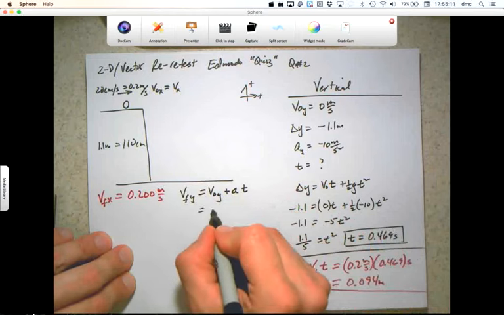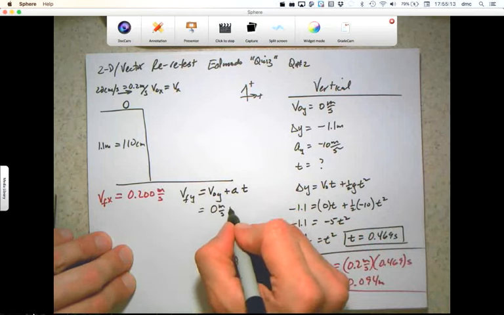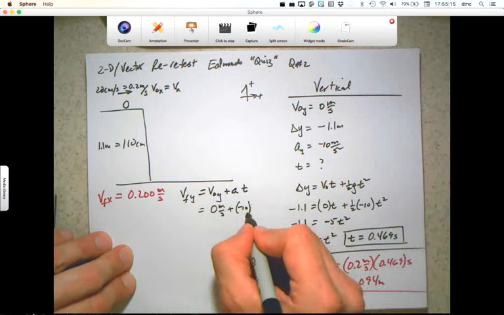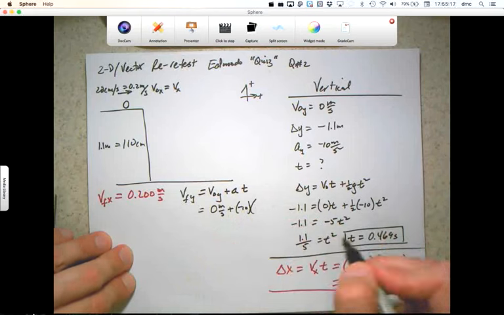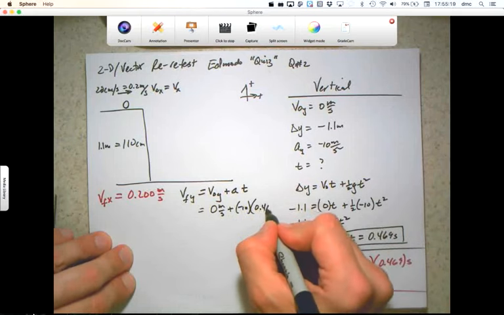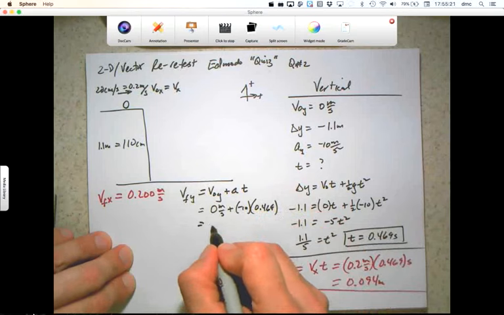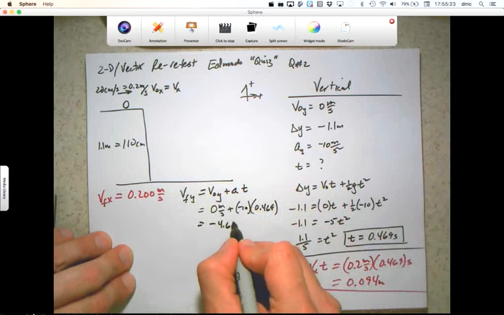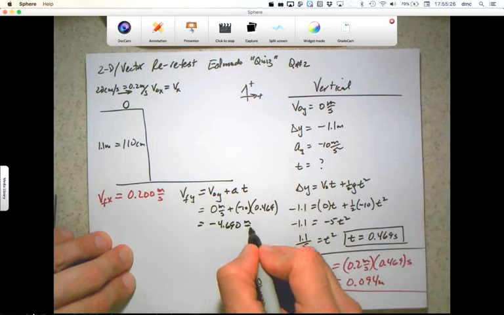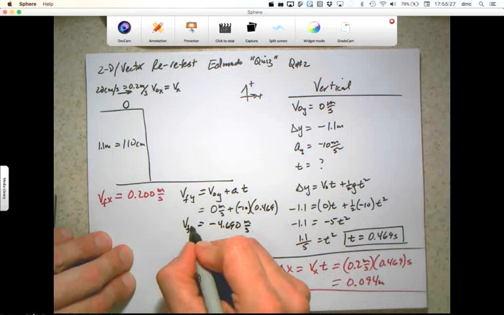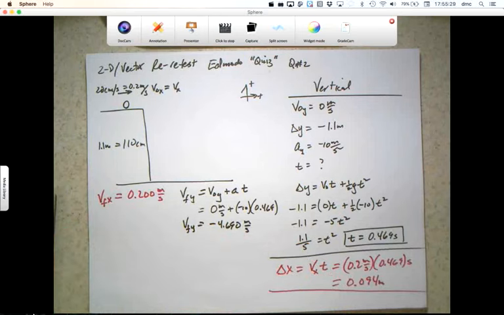So this equals 0 meters per second plus negative 10 times the time of 0.469. So that gives me negative 4.690 meters per second. So there is the component of the final velocity in the y direction.